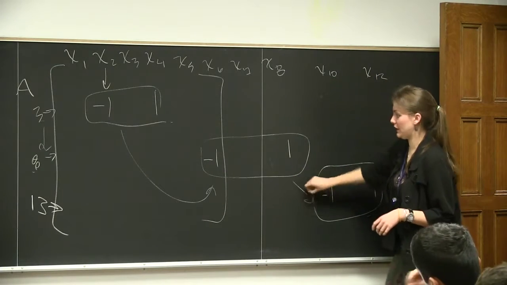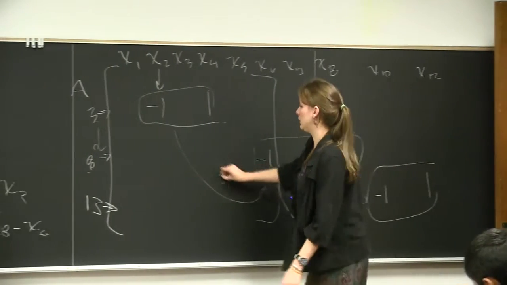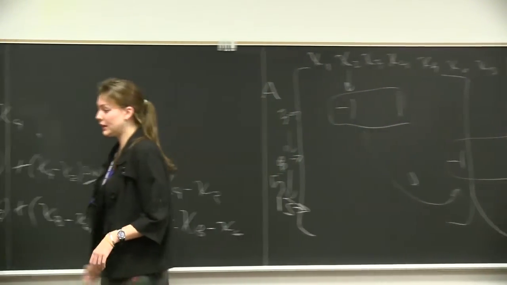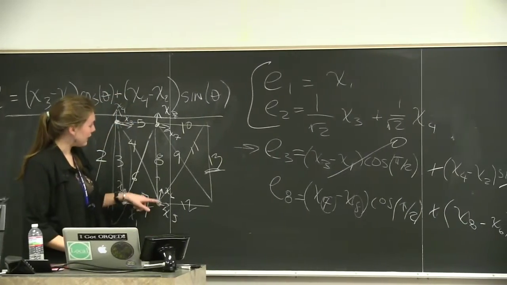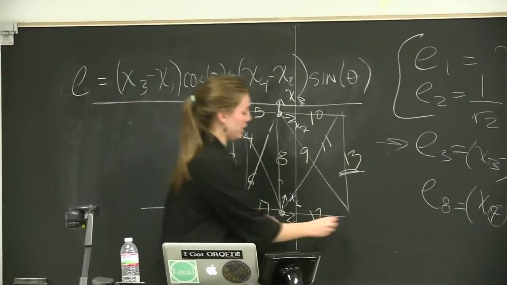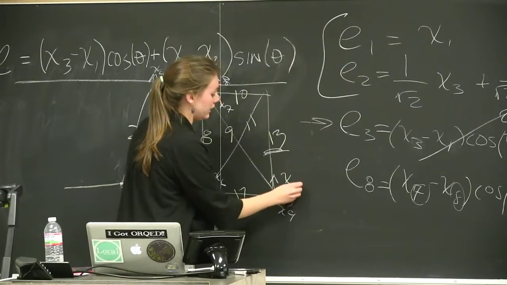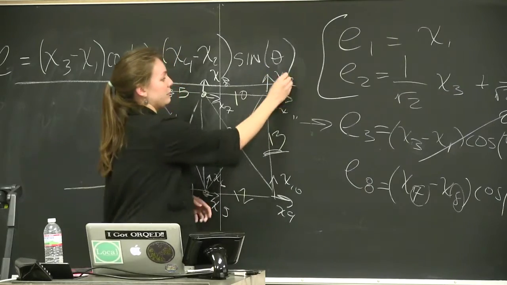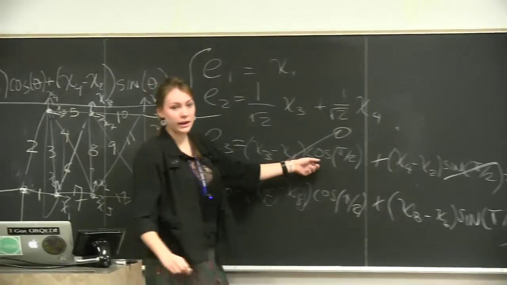So this block has again shifted by 4. And then we've gone down by 5. And we can check ourselves if you have 13 labeled on your paper. x5, x6, x7, x8, x9, x10, x11, x12.